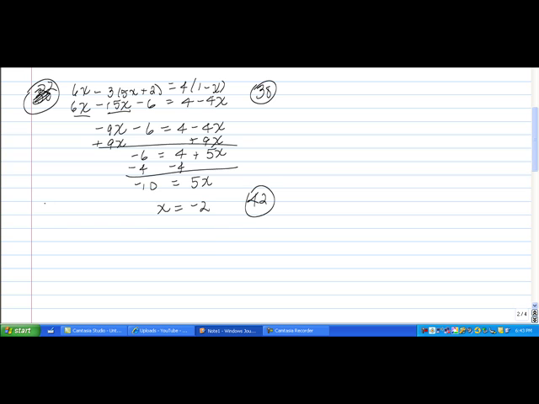Okay, let's see if we can squeeze 30 in here. Okay, 30 has all kinds of parentheses and square brackets in it.